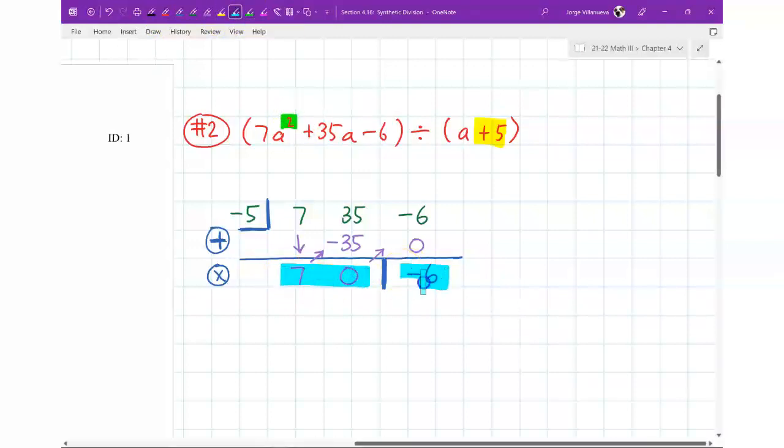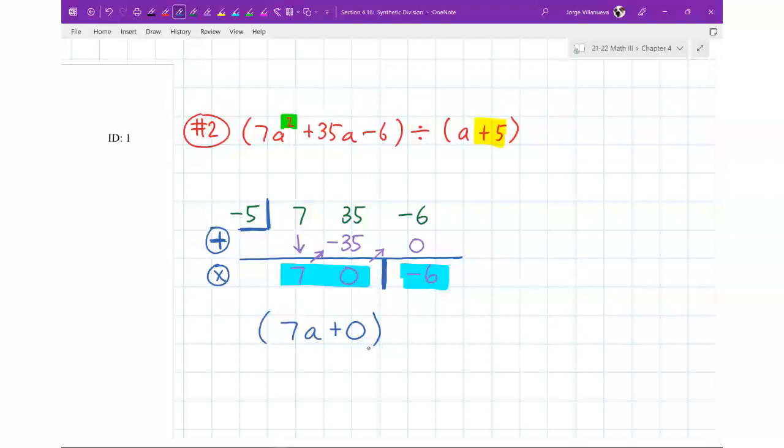And this is my remainder. The answers are 1 power down. So it's going to be 7a, not 7a squared, 7a plus 0. That's my solution. That's what's supposed to be my quotient when I did this in long division.